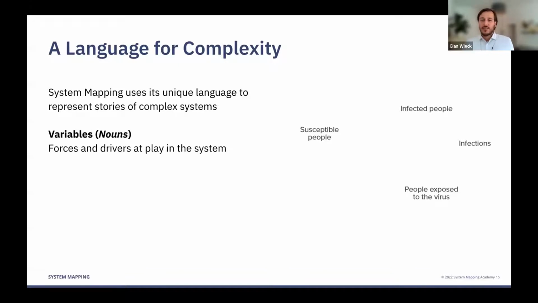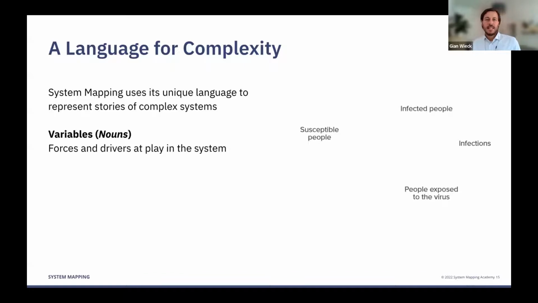These are basically the forces and drivers that we see at play within the system. On the right-hand side, if we imagine the case of an epidemic, we would, for example, have these four drivers: infected people, infections, people exposed to the virus, and susceptible people, where we know they play a role within the system.